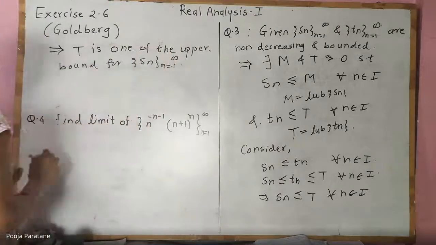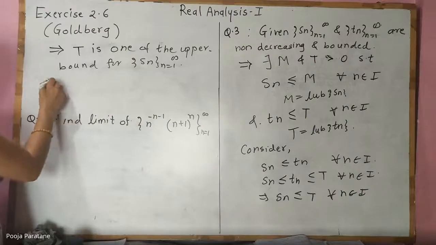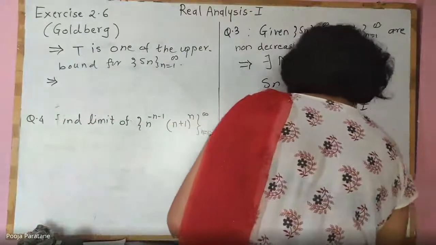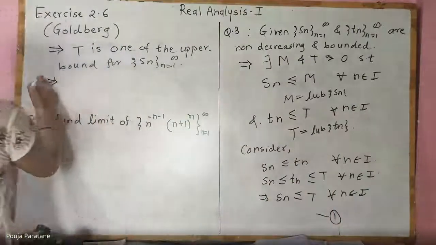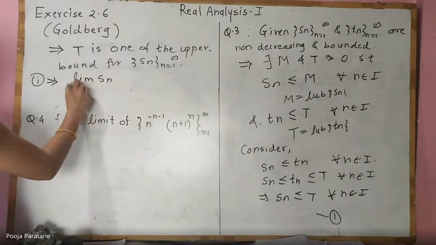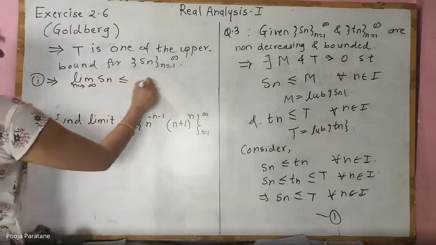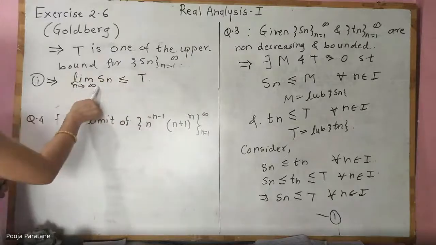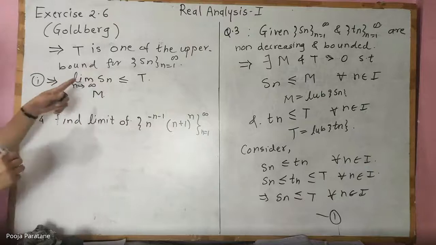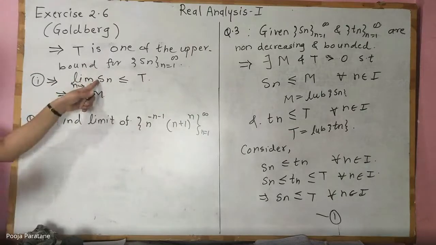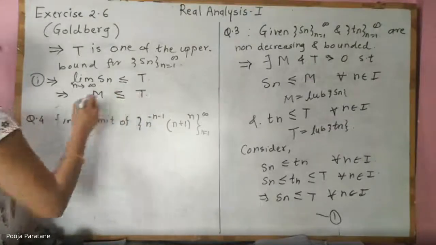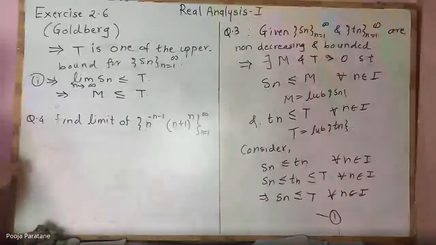So taking the limit of both sides, let us give number 1 to this. So 1 implies limit of Sn as n tends to infinity is less than or equal to T. But what is the limit of Sn? Limit of Sn is M. Why? Because this Sn is a convergent sequence and it converges to its least upper bound. Right? So what are we getting?